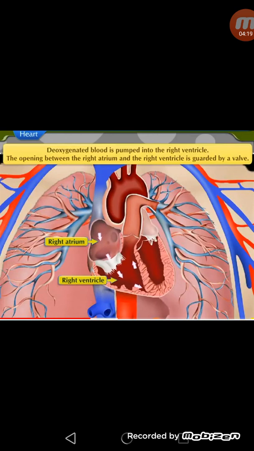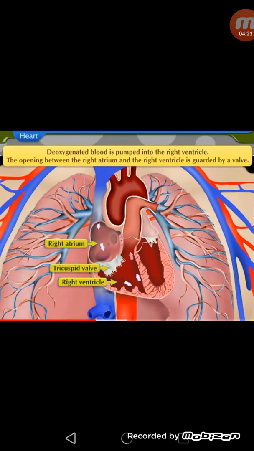The opening between the right atrium and the right ventricle is guarded by a valve. As you can see, when deoxygenated blood goes from the right atrium to the right ventricle, there is a valve-like structure present between these two parts, which is called the tricuspid valve, and this tricuspid valve allows the movement of blood only in one direction, that is from the right atrium to the right ventricle.